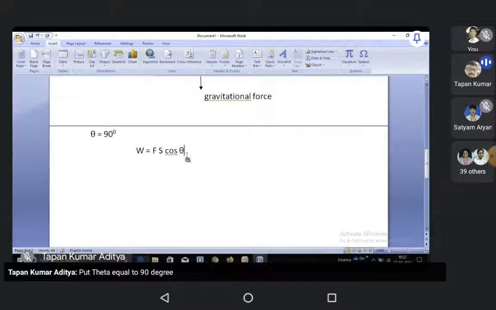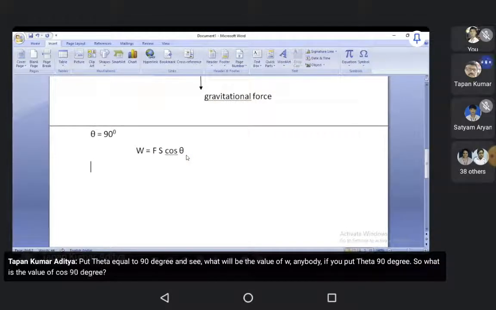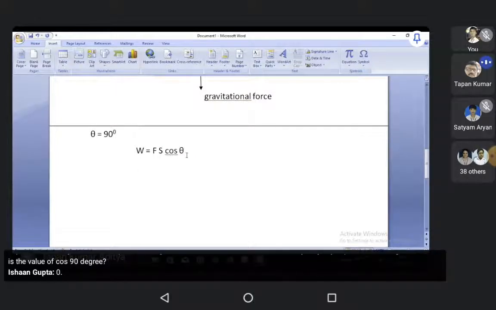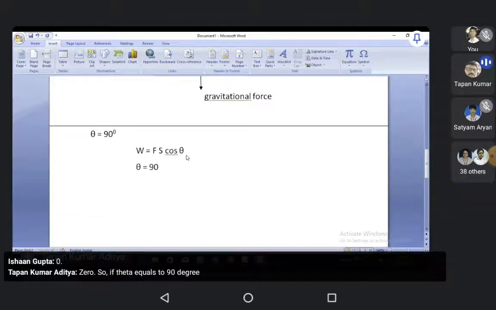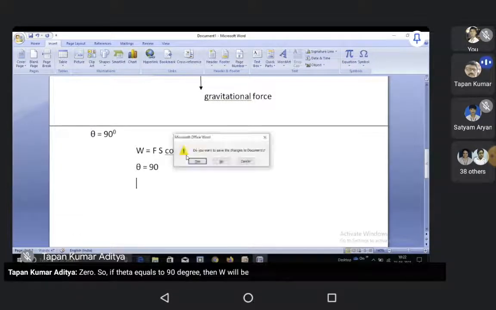Put theta equal to 90 degrees and see what will be the value of W. If you put theta 90 degrees, what is the value of cos 90 degrees? 0. So if theta equal to 90 degrees, then W will be 0. It means that work done is 0.